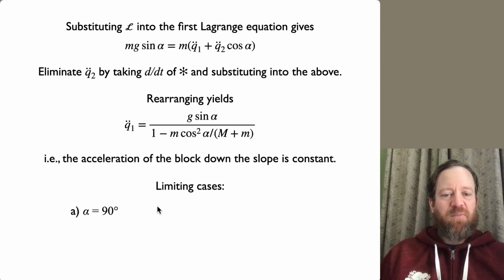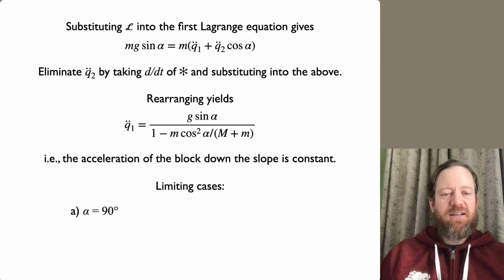So what do we do? We substitute that 90 degrees in for alpha in both places. The sine of 90 degrees is just 1, so our numerator becomes just g. In the denominator, we have the cosine of alpha, and the cosine of 90 degrees is 0. So this whole term goes away, and our denominator becomes 1.